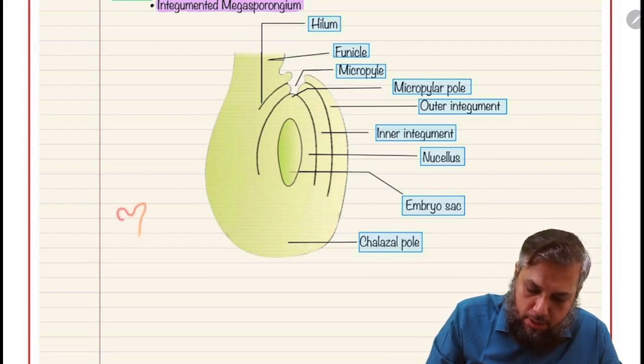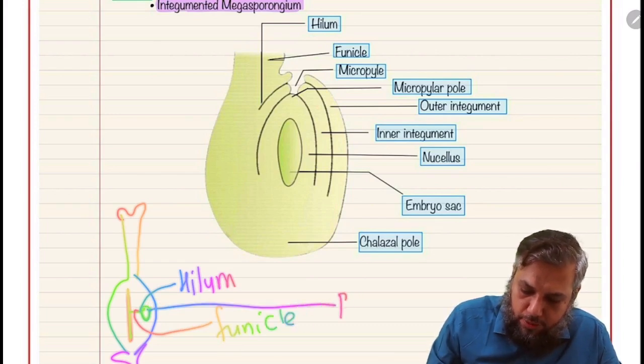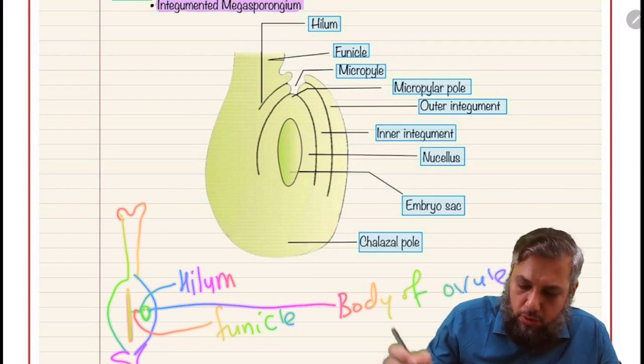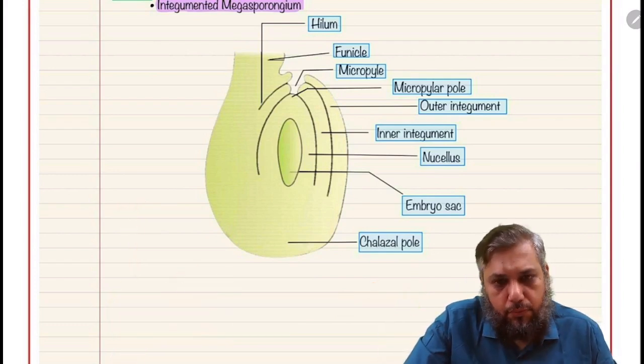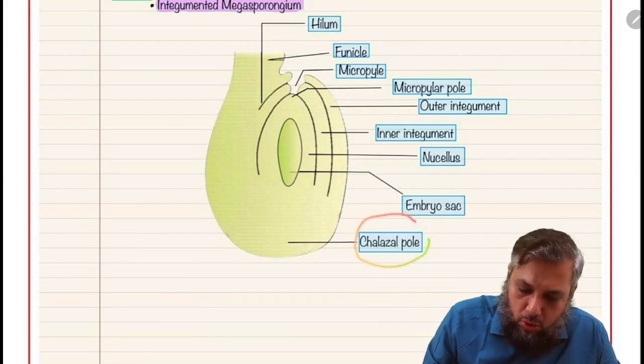So you have the stigma, style, ovary, nutritive tissue, placenta, ovules. This point of attachment is called the hilum. The stalk is called the funicle. The rest of the part that we discussed is considered the body of the ovule. The base of the ovule is called the chalaza.